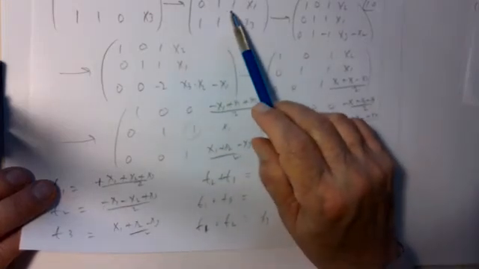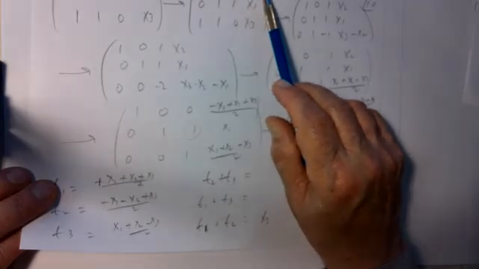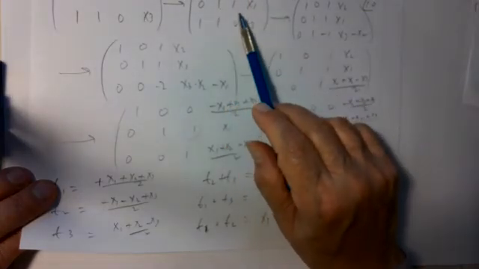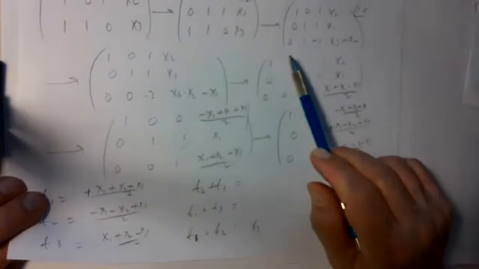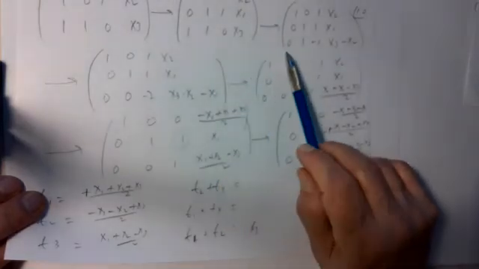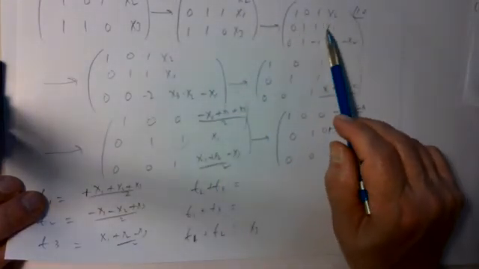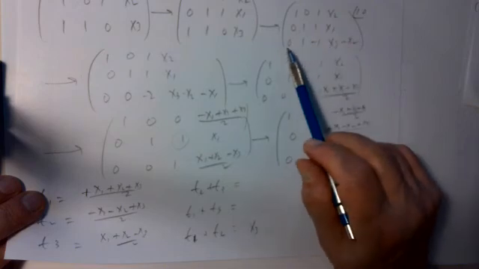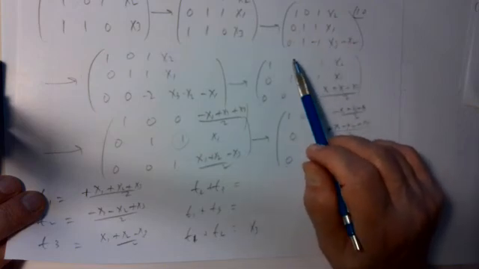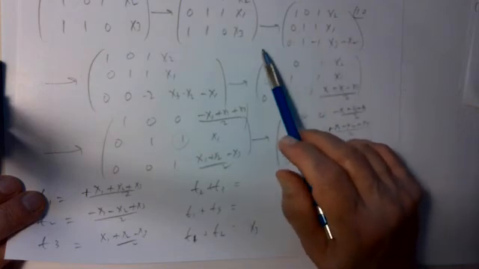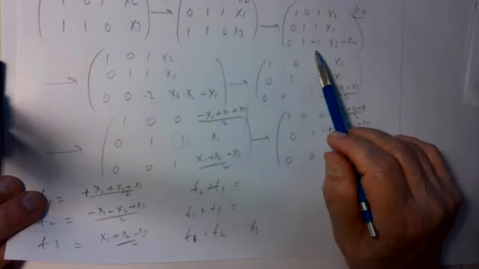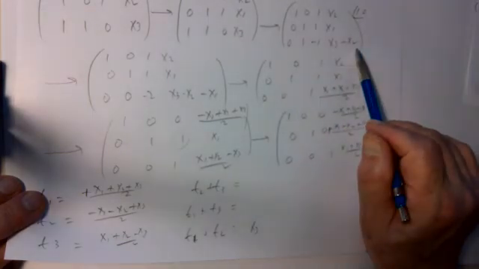So 1, 0, 1, x2, 0, 1, 1, x1, 1, 1, 0, x3. So 1, 1, 1, 0, 1, x2, 0, 1, 1, x1. Subtracting the first row from the third, I get 0, 1, minus 1, x3 minus x2.